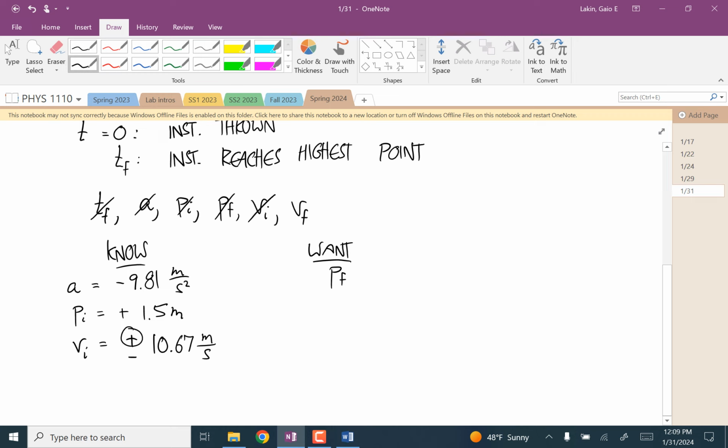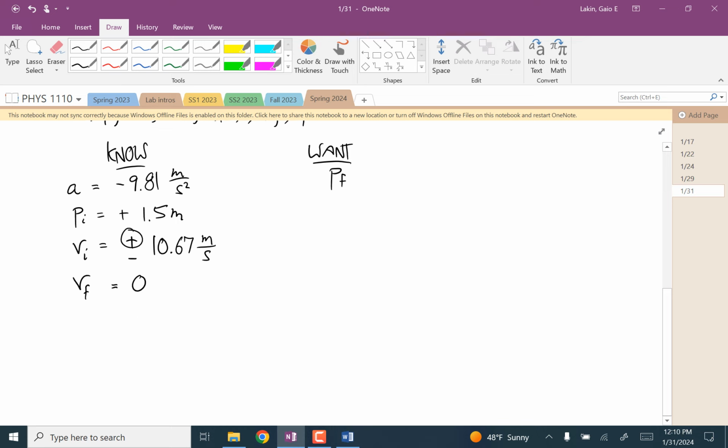And now finally, this is like the most exciting moment of any problem where you're calculating the highest point in a projectile's travel. We know that when it reaches the highest point, the speed is 0. So velocity final is equal to 0. You know you're going to use that anytime you're calculating the highest point.